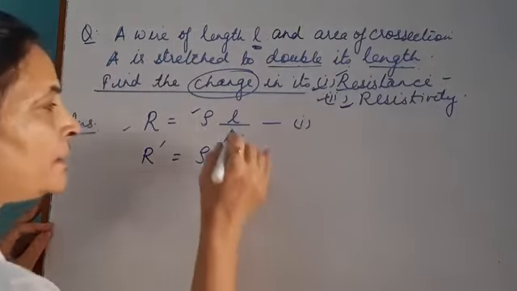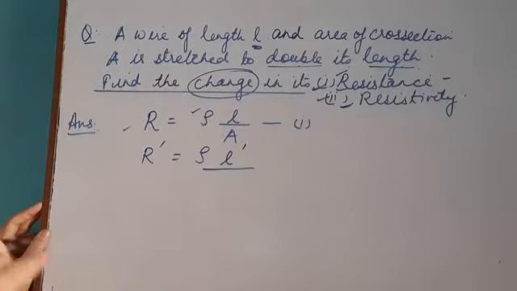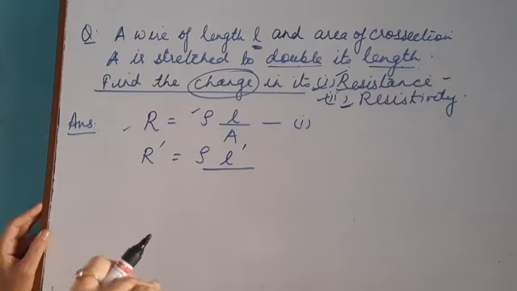And certainly, this thing you have to keep in mind: if we are changing the length of a given wire, its area of cross section will automatically change even if not given in the question, because volume is going to remain the same. We are not putting any material from outside to change its length.